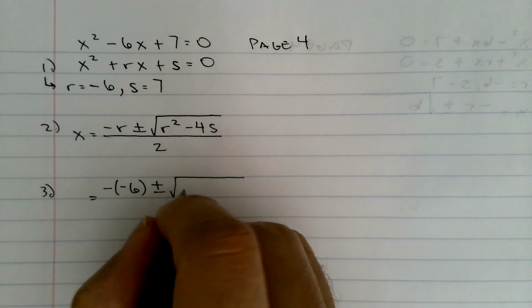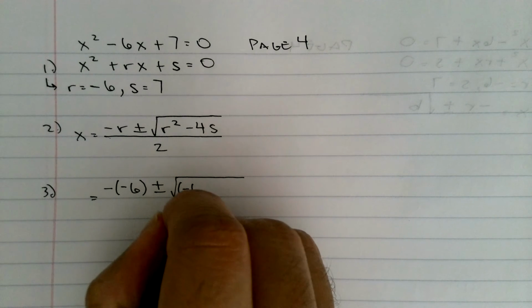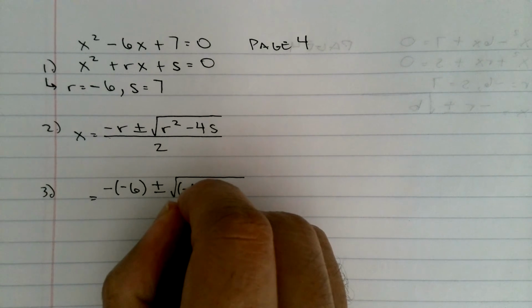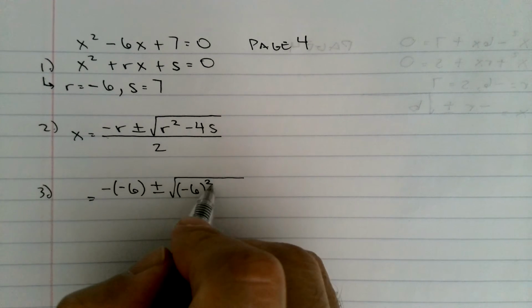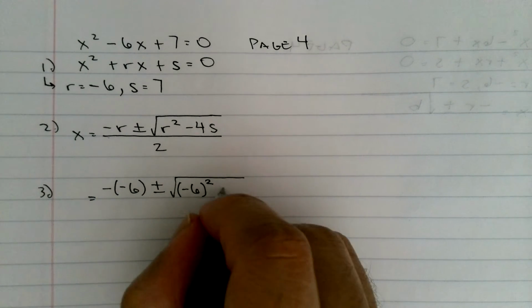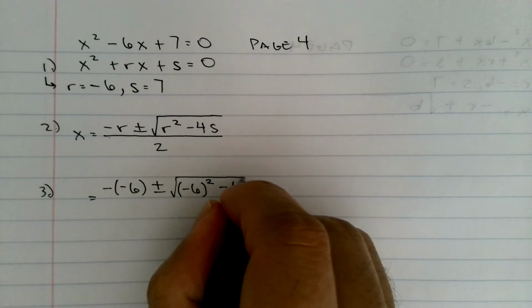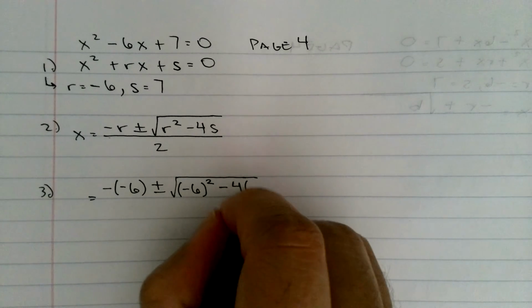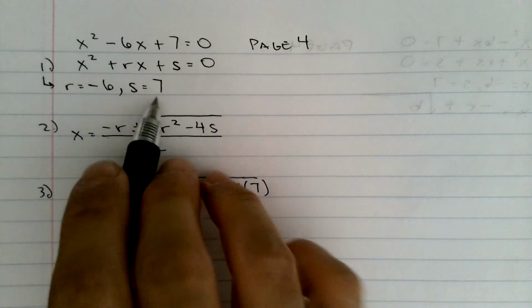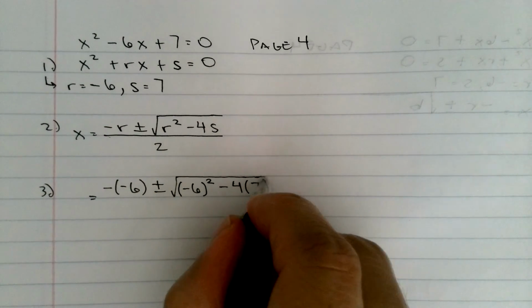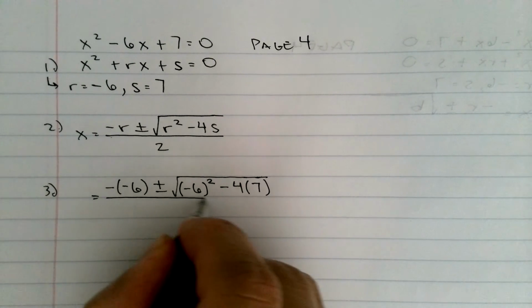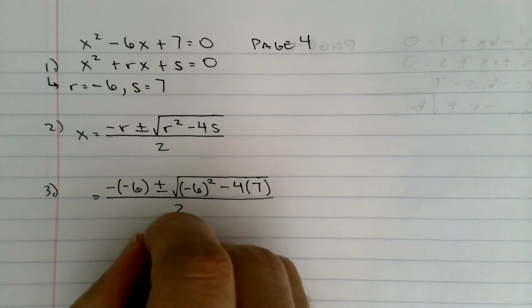Remember, our r value is -6, and since it's a negative, it will be in parentheses, and then I will put the exponent of 2 on the outside. Minus 4 times the s value, which in this case is the number 7, so that's where that goes. All of it, again, divided by the number 2.